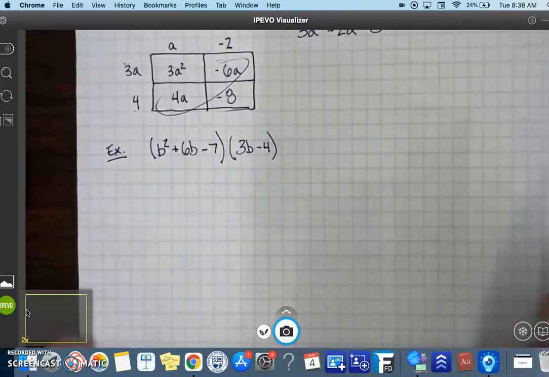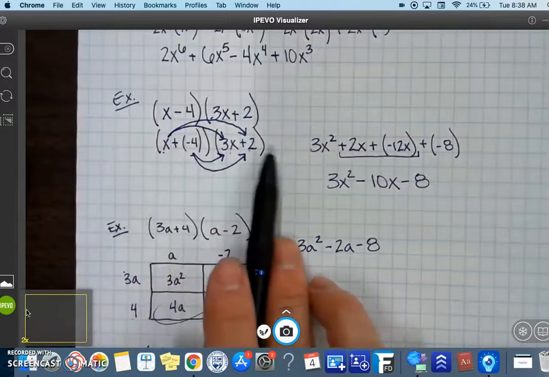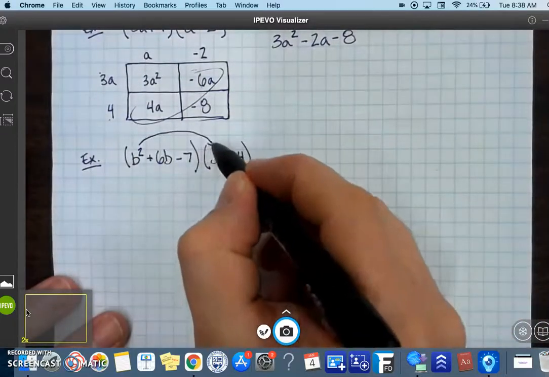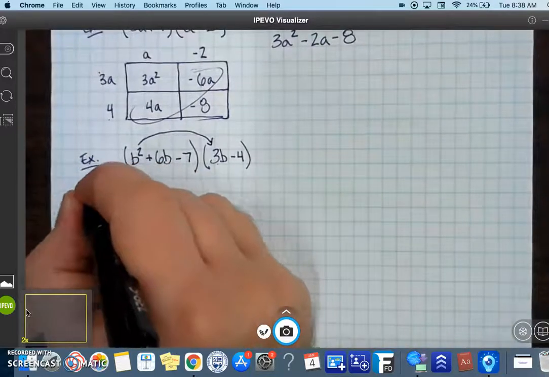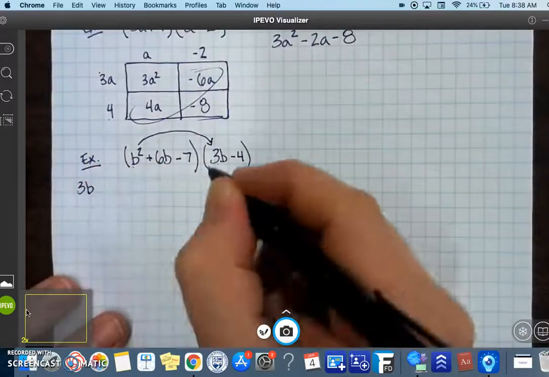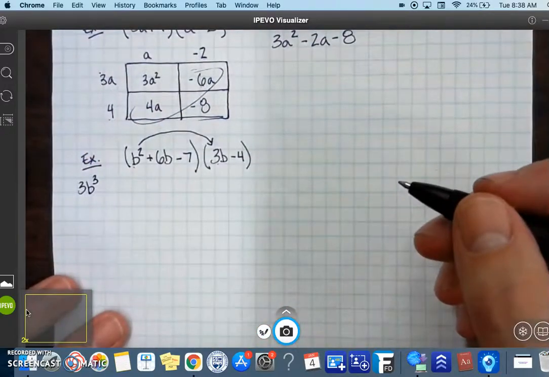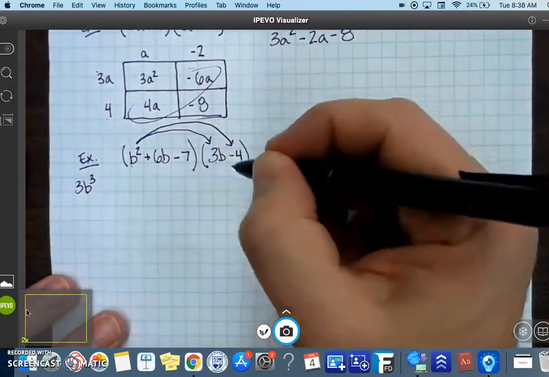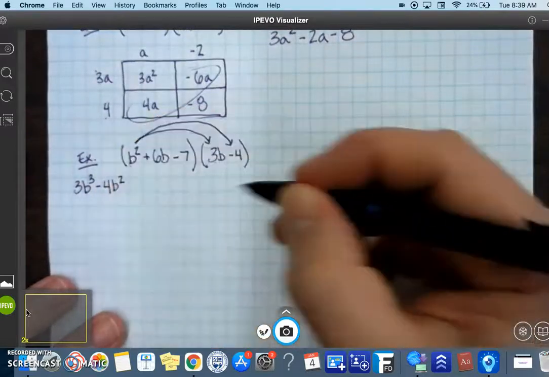So we could do it like we did before here, where we take the first term and distribute it to both, right? So I could think about that b squared, all right? B squared times 3b, that's 3b, power of 2, power of 1, 3b cubed. Okay. Then I can take the b squared, multiply it to the negative 4, it'd be negative 4b squared.